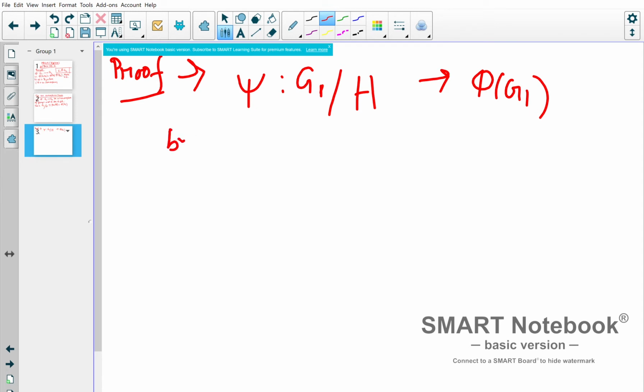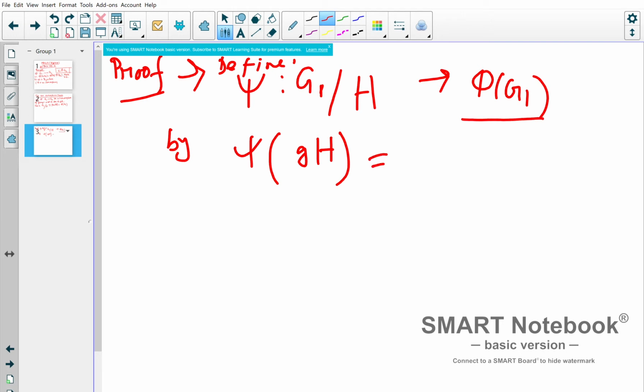Define psi as follows. How do the elements of the quotient group look like? They will be of the form GH, right? Left cosets. And how do the elements of the image look like?